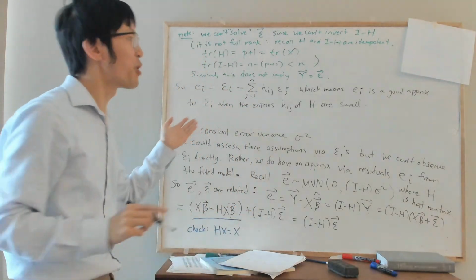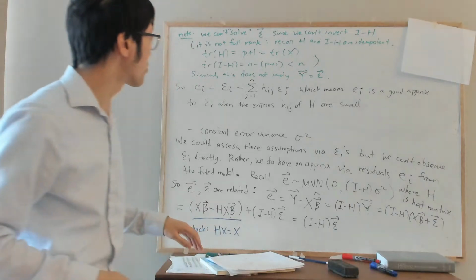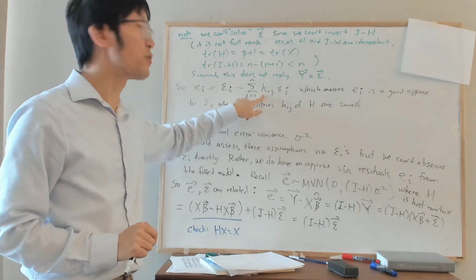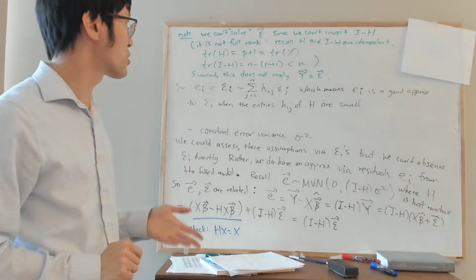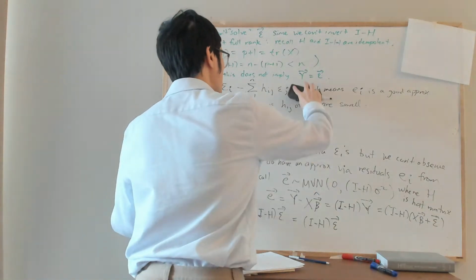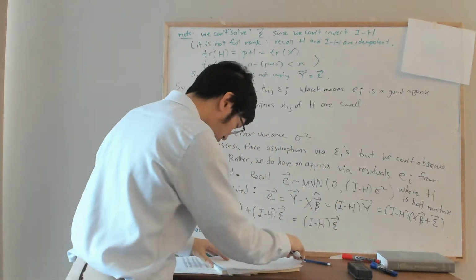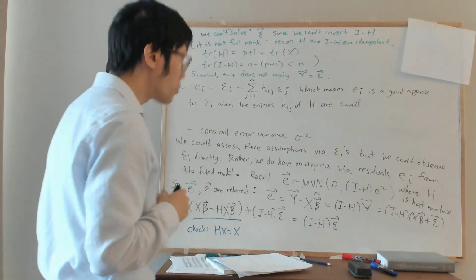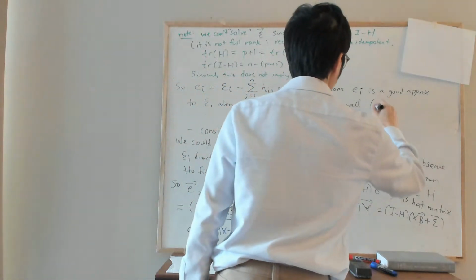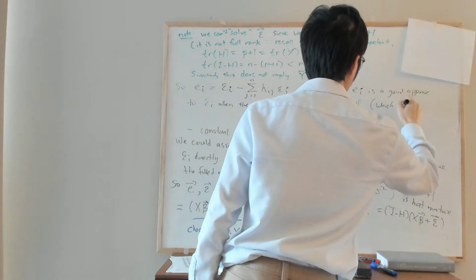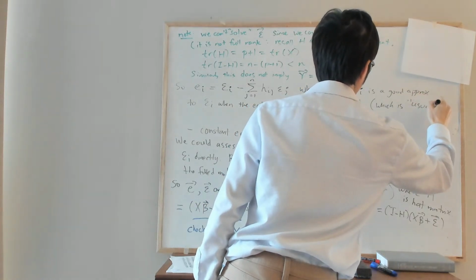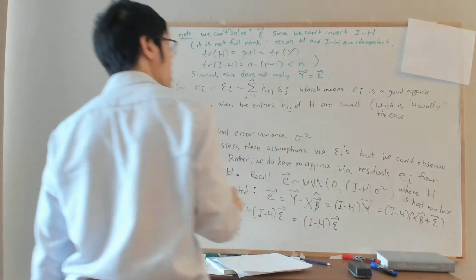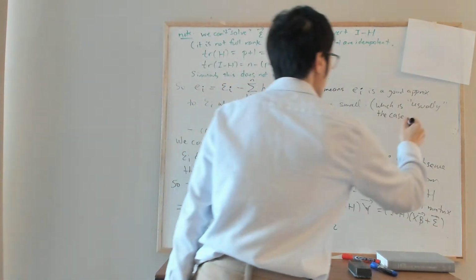In practice, that is often the case, and we're going to see later the role of these entries of the hat matrix in determining, for example, when we have outliers, which we'll define and talk about how to deal with in a couple of lectures' time. So this is, in quotes, just very informally, usually the case, especially when you have a large sample size.